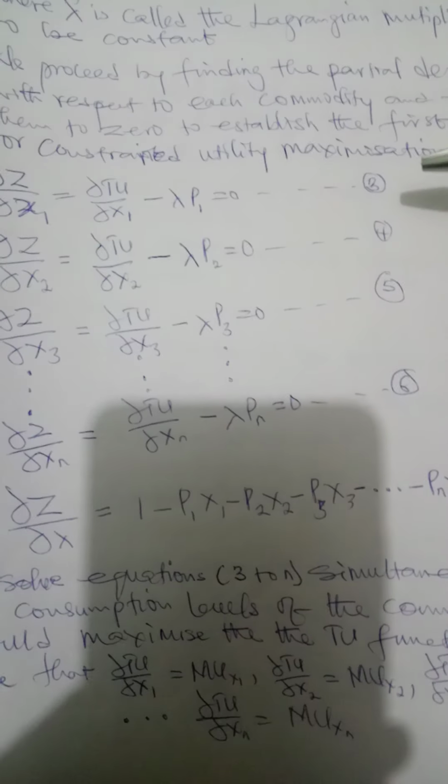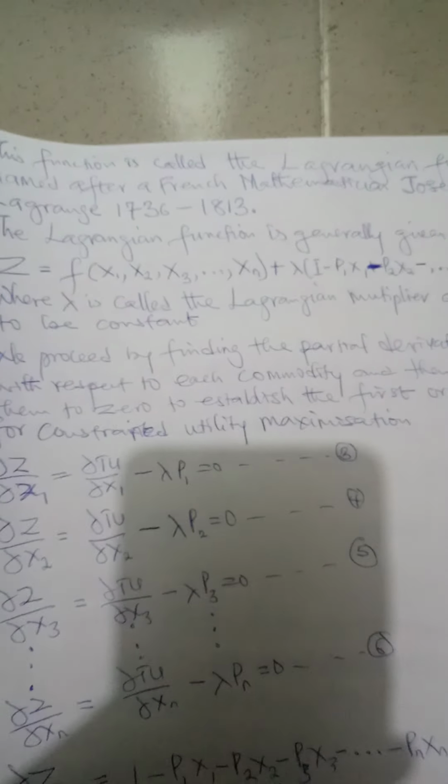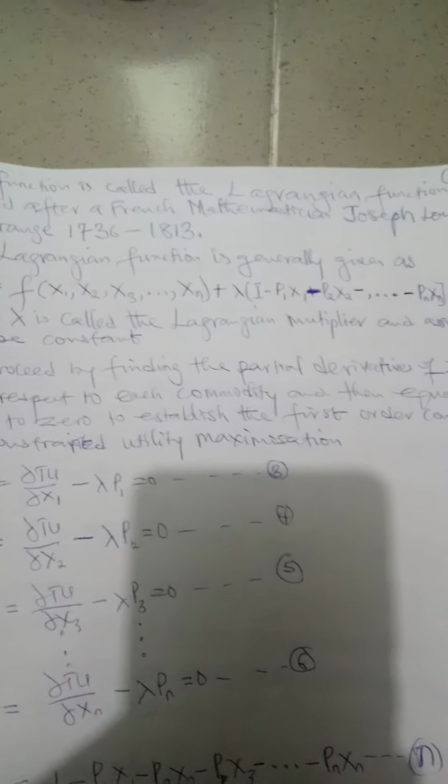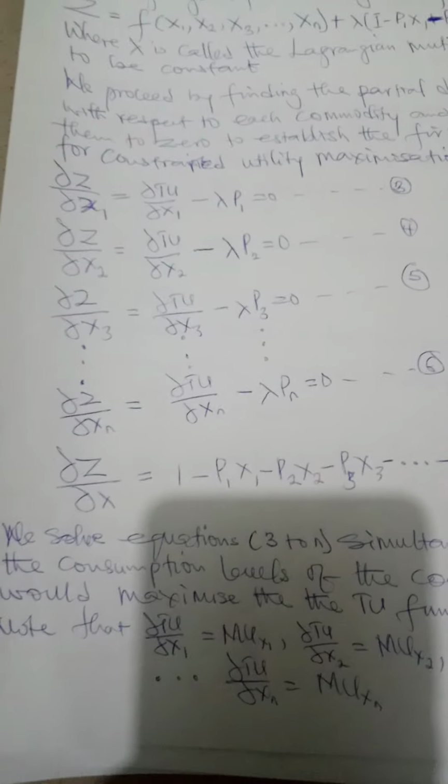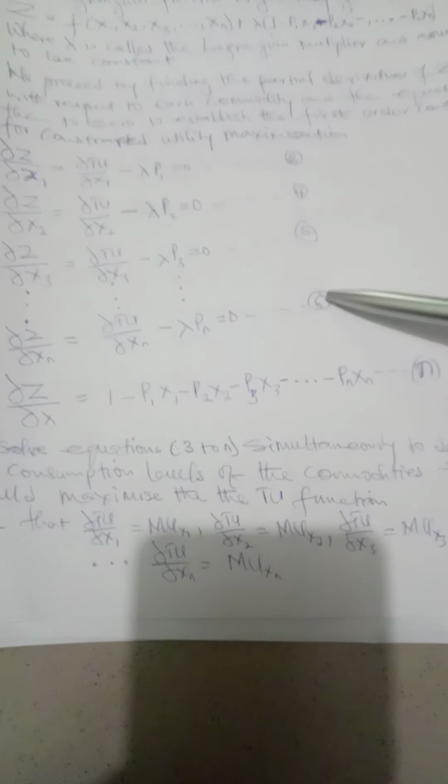Then we have equation 2 as the Lagrangian function. Then we have equation 3, 4, 5, 6, and the last one, equation n.